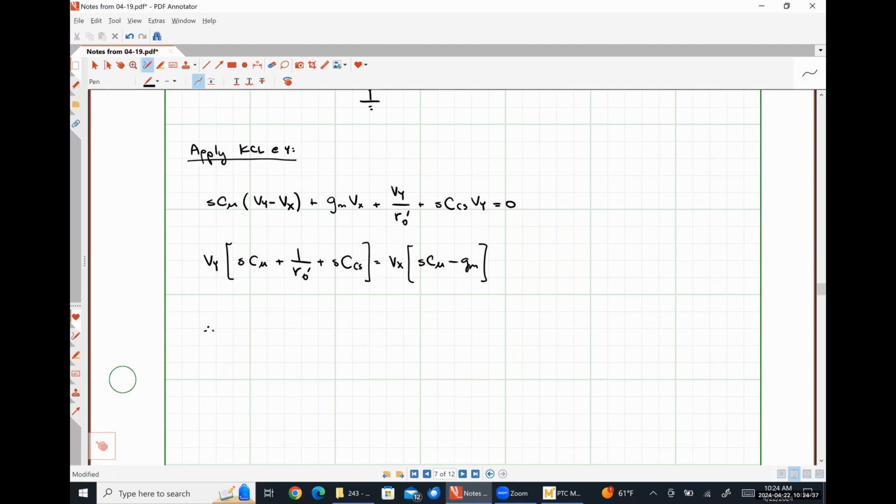And from this, I can say that Vx is 1 over R naught prime plus S times C mu plus C CS, all divided by negative GM plus S C mu, times Vy. My algebra looks okay.